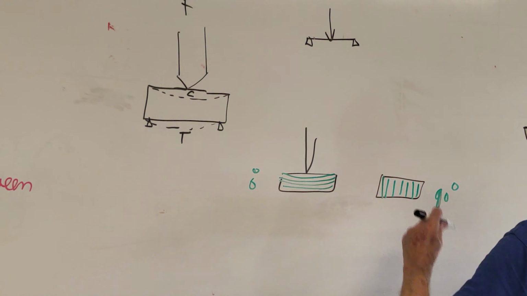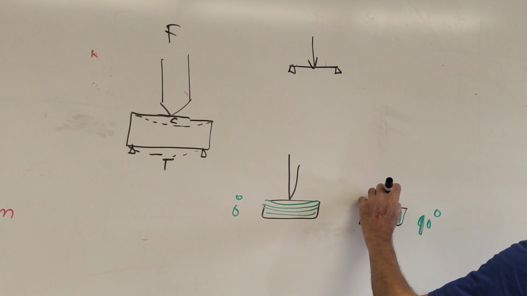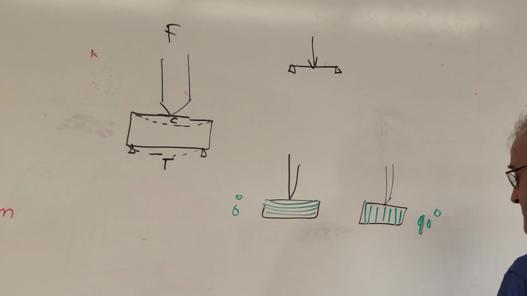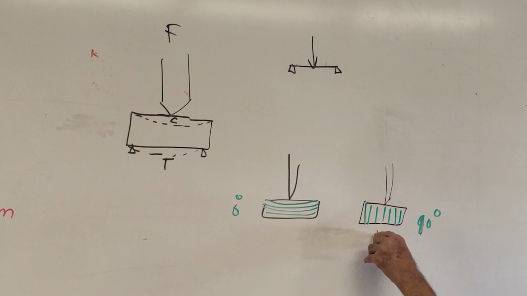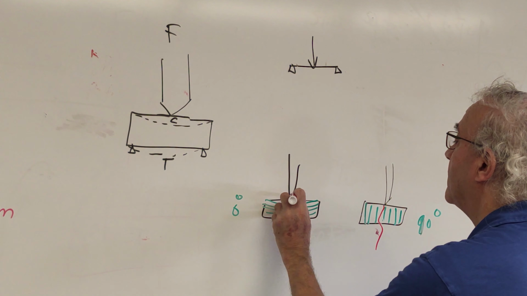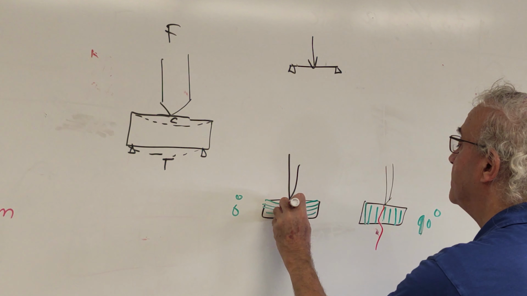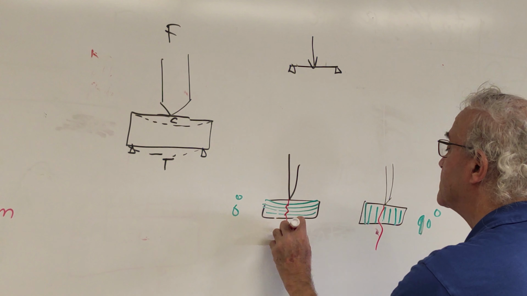You're going to find that here the crack is just going to go nicely in between, no problem. But here, he has to break this, and this, and this, and this, and this.